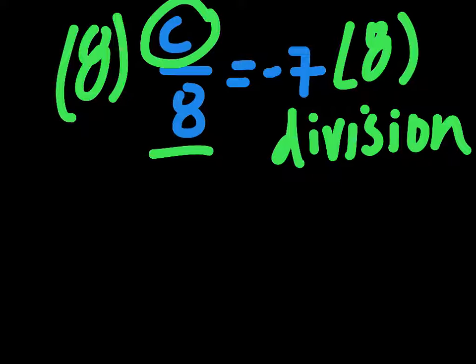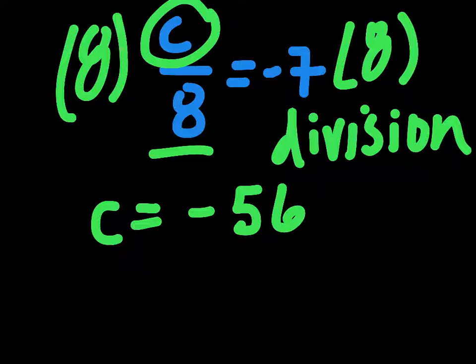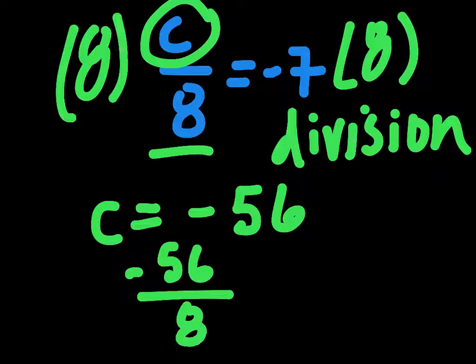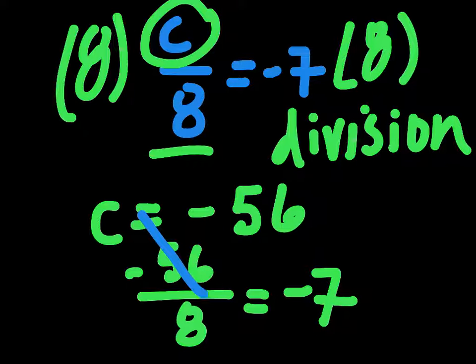Okay, so now we have C by itself, and negative 7 times 8 is negative 56. Okay, so we go back and check. Negative 56 over 8 equals negative 7. Yep, that's right. Checks.